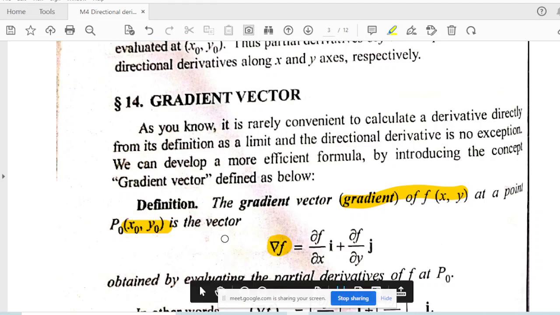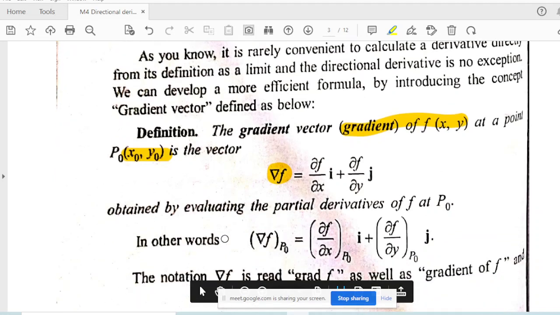This notation is known as nabla, or in some texts it may be better to call it grad f. Grad f equals dou f by dou x i plus dou f by dou y j, obtained by evaluating the partial derivatives of f at p naught.